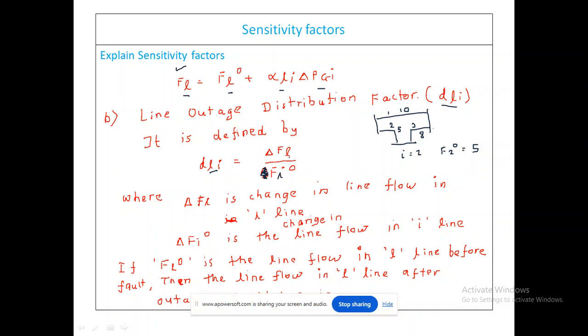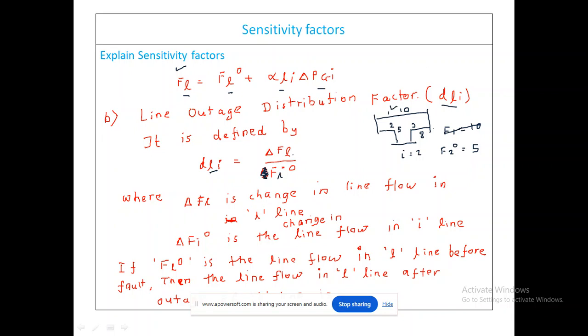Now delta FL is the change in the Lth line, that is, say, number 1.